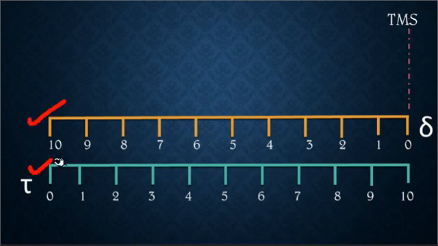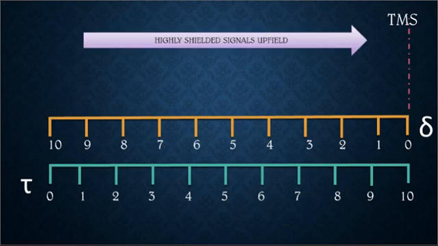As we know, delta and tau values are inversely proportional. Let us see what the effect of high shielding is. If there is high shielding in any proton or molecule, the signals will be observed at lower delta value, or it can be said at upfield, because, as it is highly shielded, the proton will need a large amount of field.